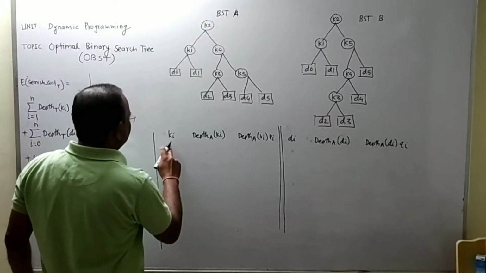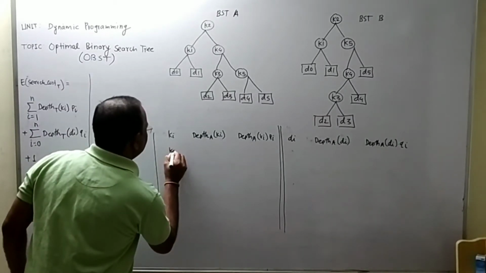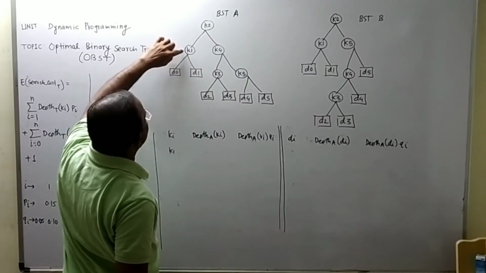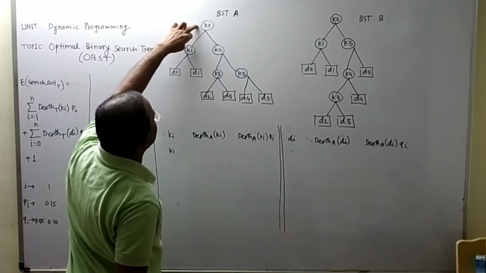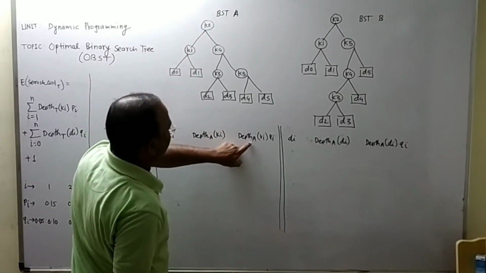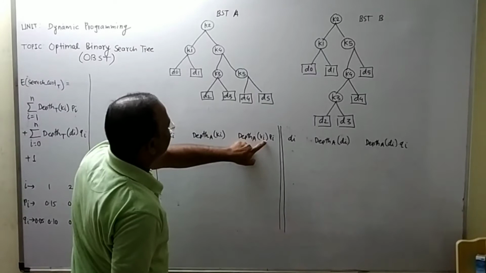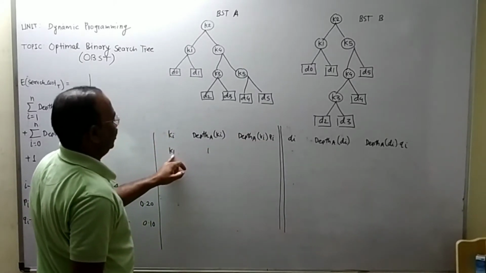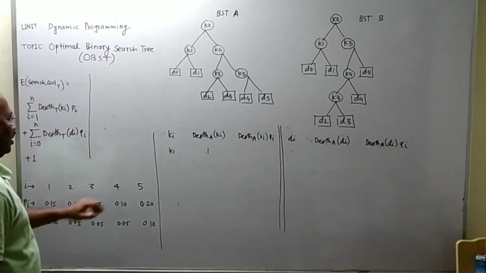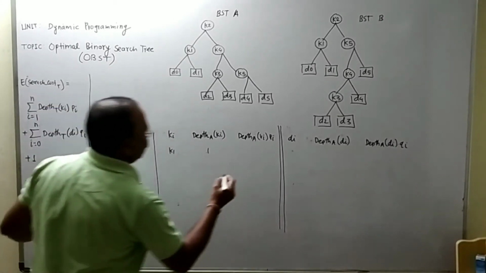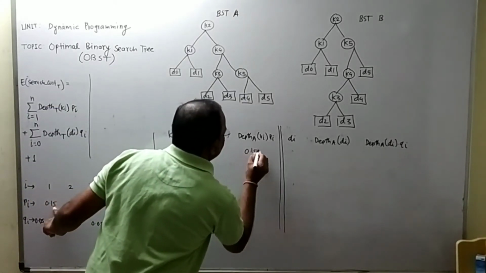I start from K1. So find out the depth of K1. Depth of K1 is 1. Then the depth of K1 is multiplied with P1. Here i is nothing but 1, so P1 is 0.15, and 0.15 multiplied with 1 gives 0.15.